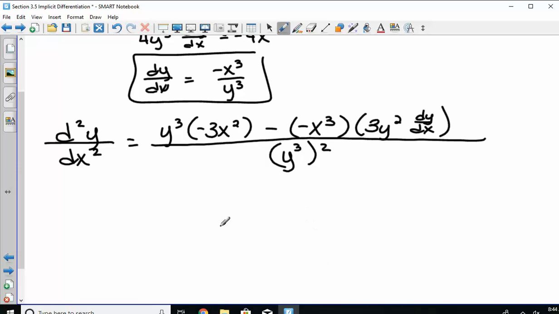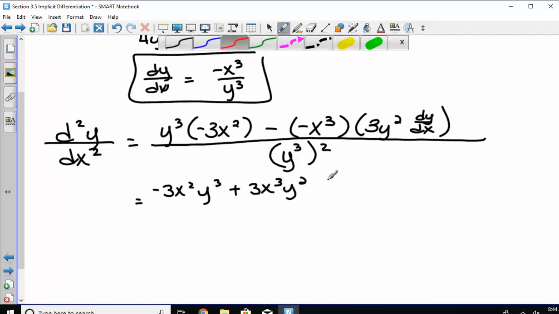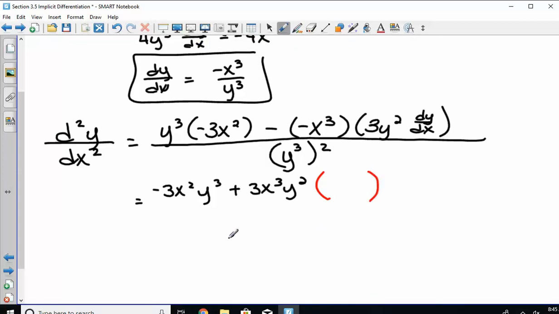Okay. Cleaning this up. 3x squared y cubed plus 3x cubed y squared. I cannot leave this dy dx in my problem. What is dy dx equal to?